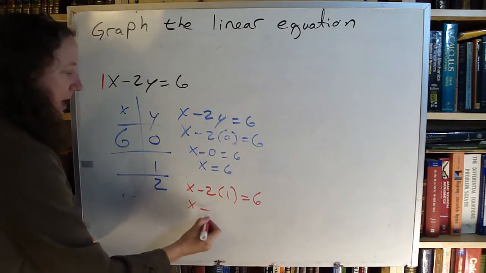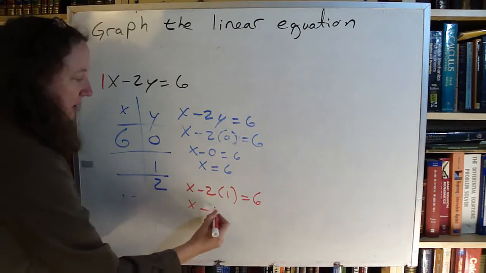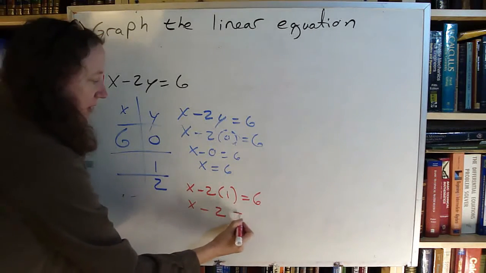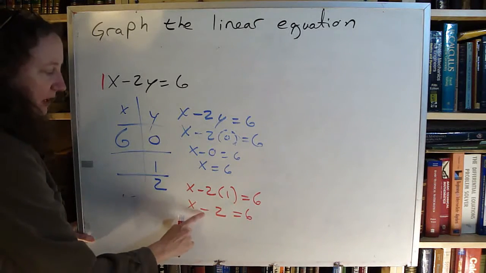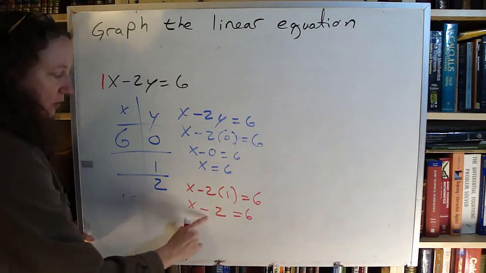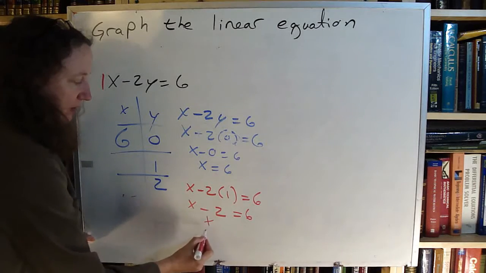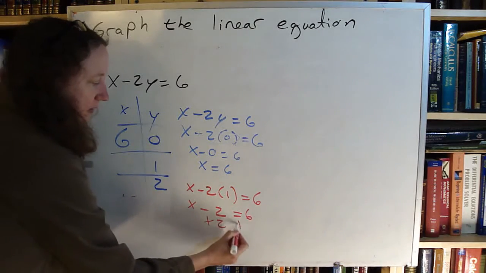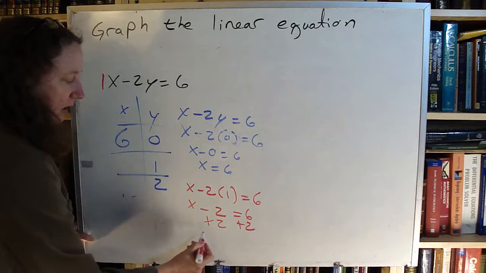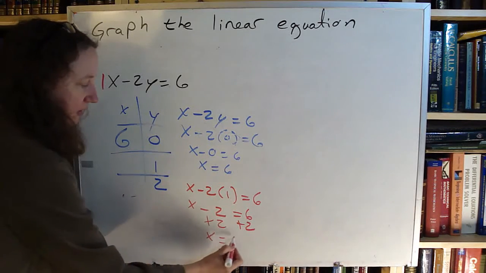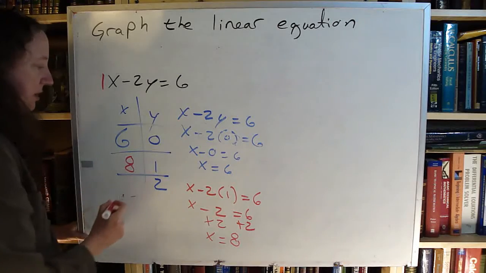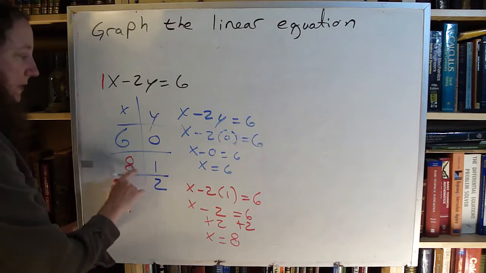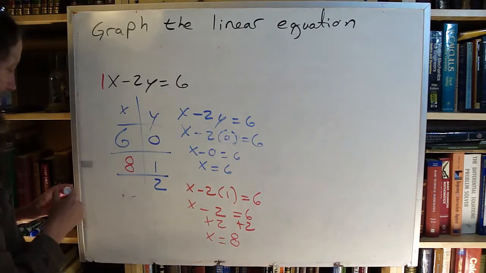So x minus the 2 times 1 is 2. Carry down my equals 6. Solving for x, I have the minus sign there, subtracting the 2 away. To get rid of that 2, I need to add it. Now I have x is 8. Take my 8, put it in the x column with the 1 that I had for the y.